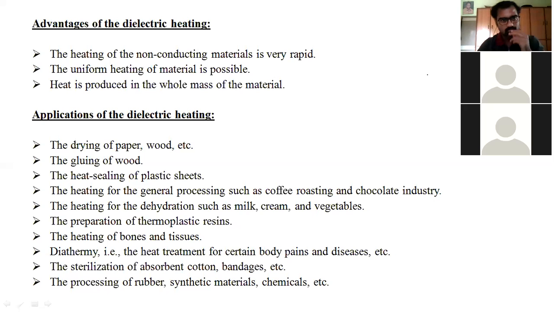So please check out the advantages and you can read them directly. There is nothing difficult to remember about where these dielectric heating methods are applicable and what the advantages of dielectric heating are.